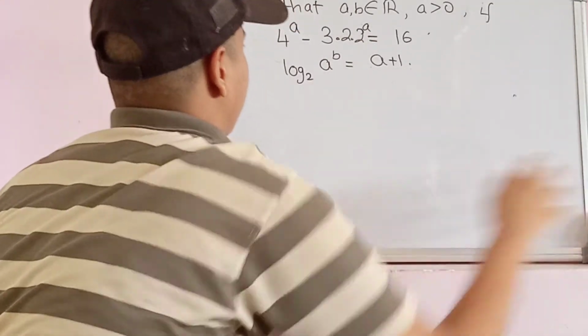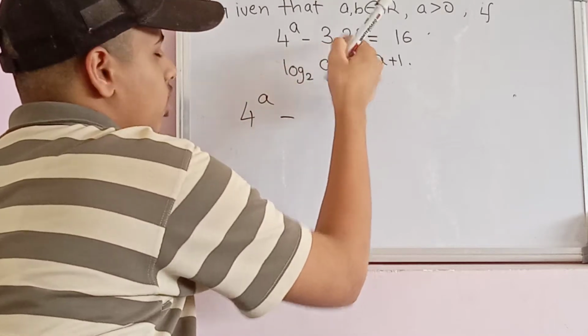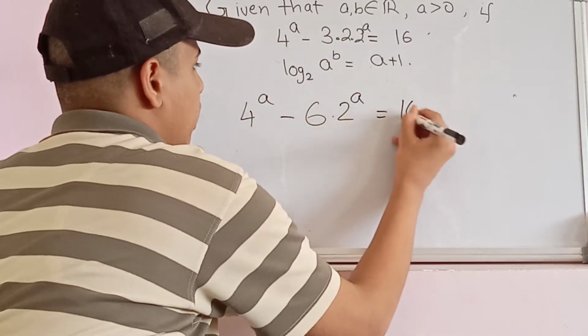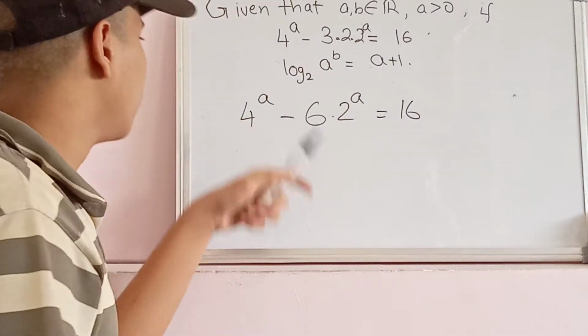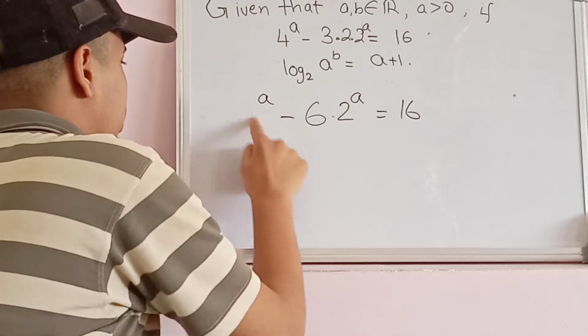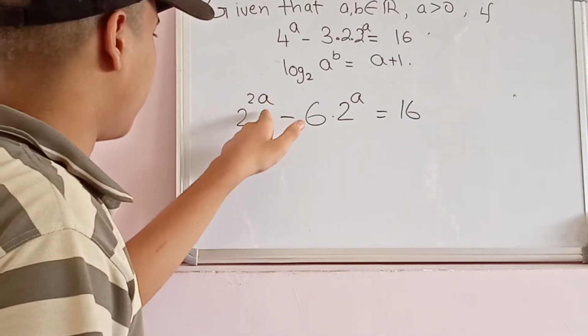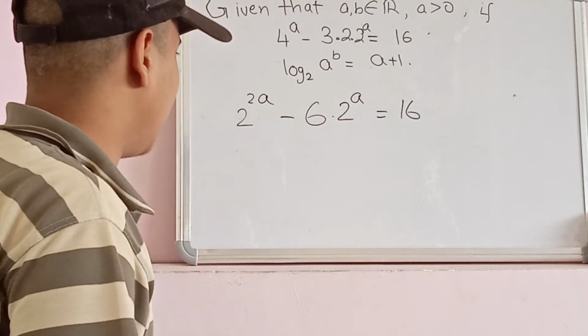Now we want to look at this equation exclusively: 4 to the a minus 3 times 2 can be written as 6 times 2 to the a is equal to 16. 4 is 2 squared. So now we have 2 to the power 2a minus 6 times 2 to the a is equal to 16.